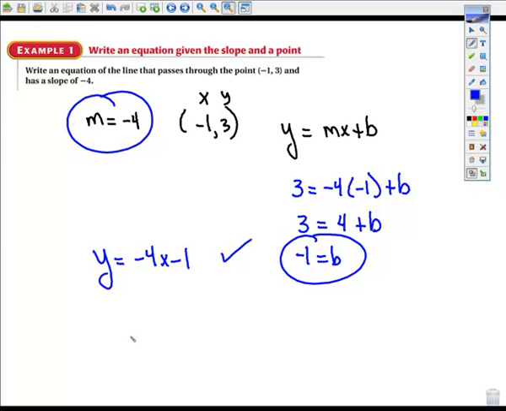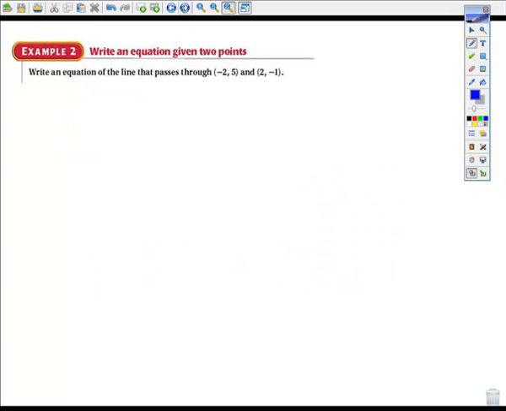In the next example, they're going to give us 2 points, but not give us the slope. So the first thing we're going to do is find the slope. Recall the slope formula. We find the change in the y's over the change in the x's.